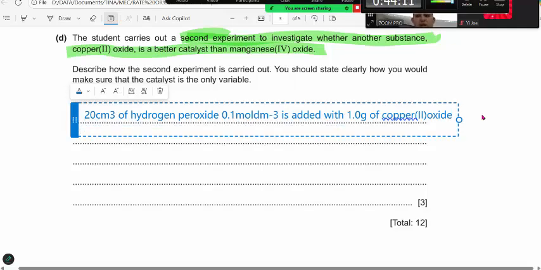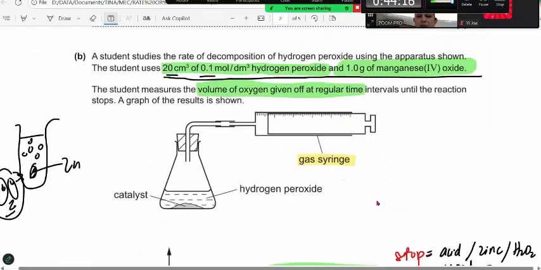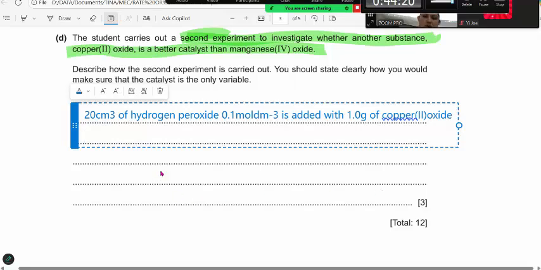The only difference is you're using a different catalyst. Did they mention temperature? Okay, so you mention it: at the same room temperature as the first experiment.